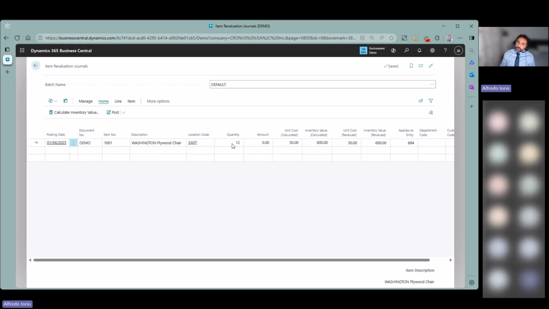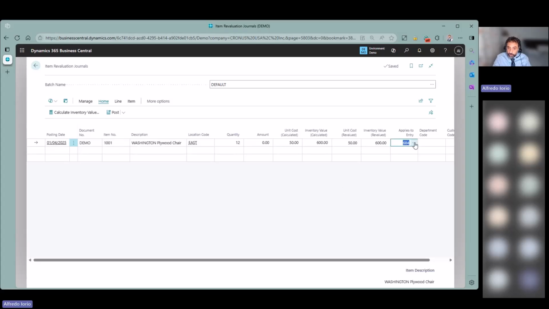And so you might say, well, Alfredo, the system is wrong because I only have 11 units of this item in my inventory. Why is Business Central showing me 12? Well, it's showing you 12 because it's looking at the 1st of the month before, when at that time we had 12 units, still valued at $50 each.